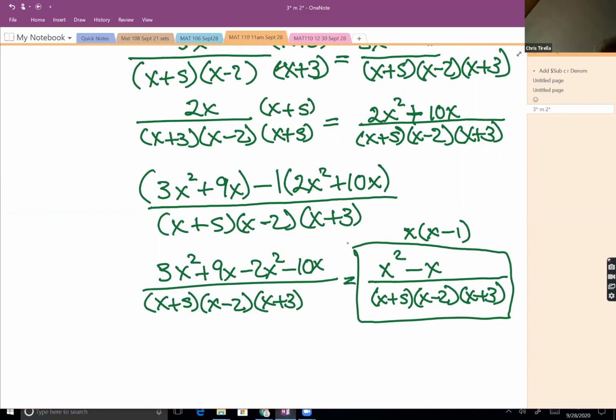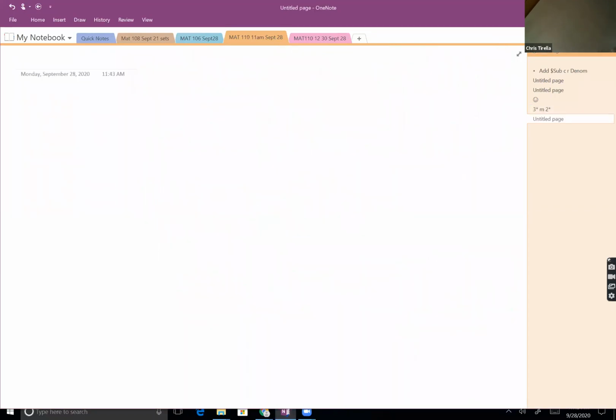So adding and subtracting, I want to say that these probably have almost more steps than anything else that we're going to do, except possibly complex fractions. So if there aren't questions on addition and subtraction, let's look at complex fractions.